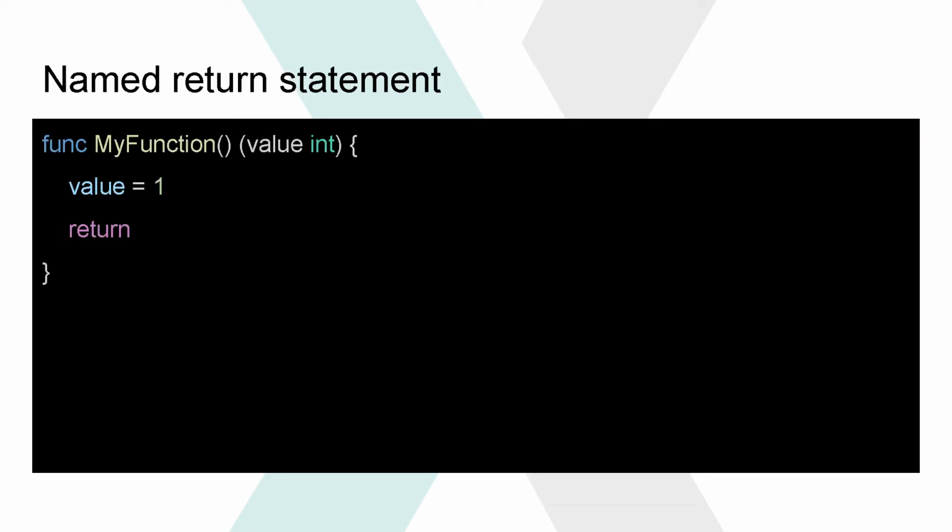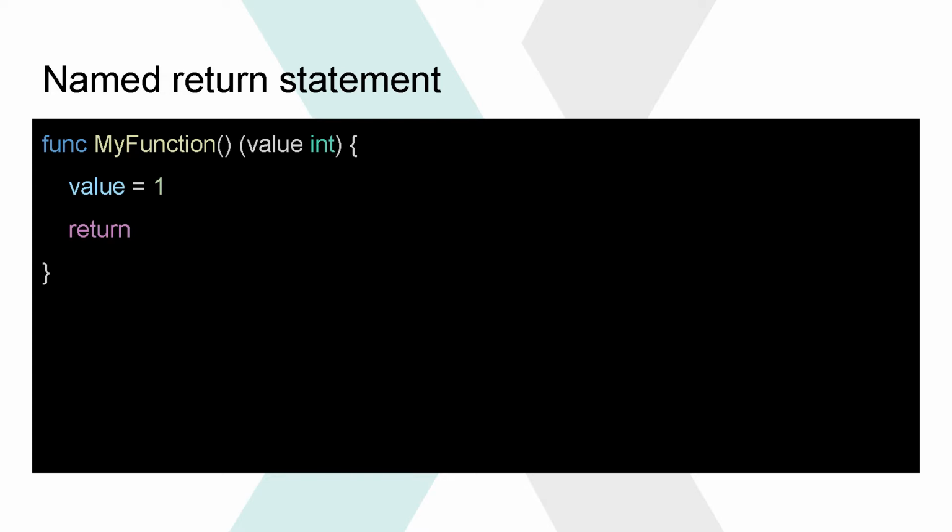We've got named return statements, which in my opinion are cool. So at the very beginning of our function, we put what we want to return and what it should be called.